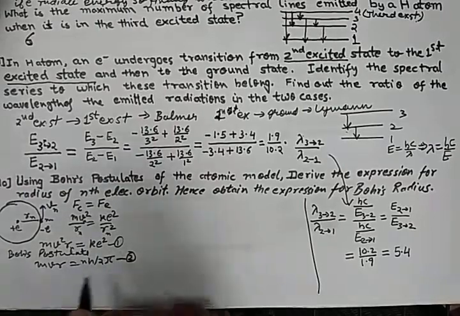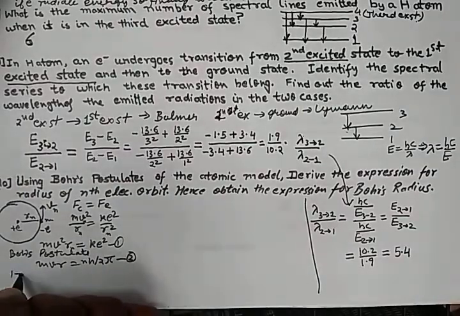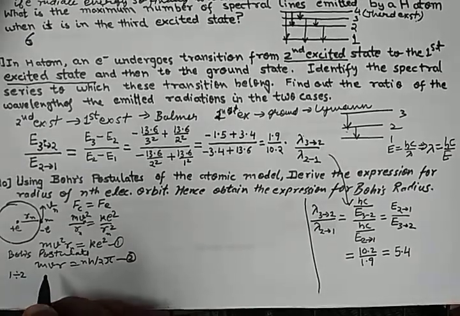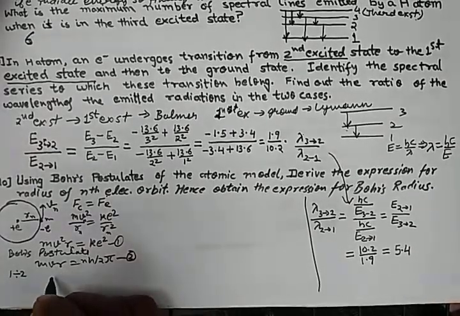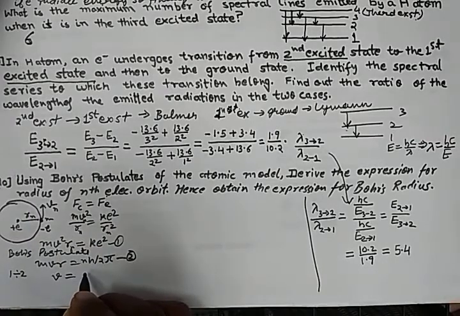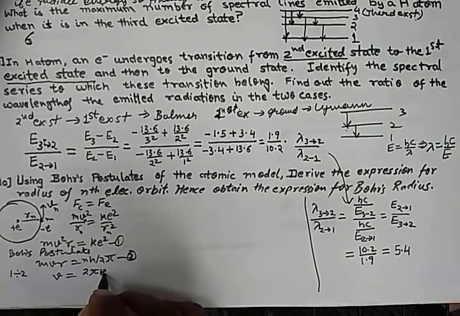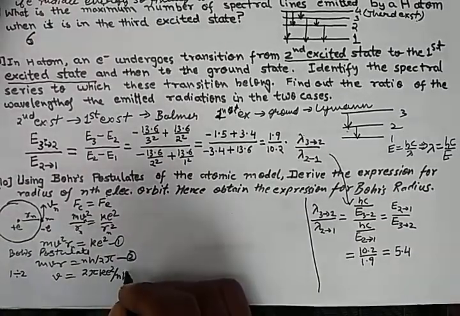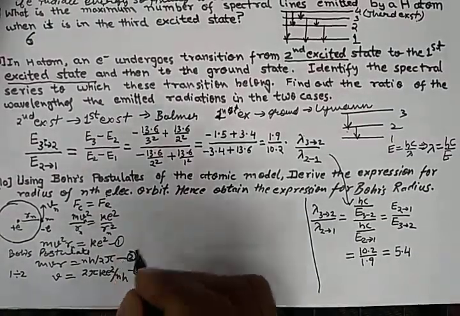Equation 1 divided by equation 2, 1 divided by 2, many students say that it is 0.5. Okay, so it will be v equal to 2 pi k e square by nh. Now we will put this value into equation 2.